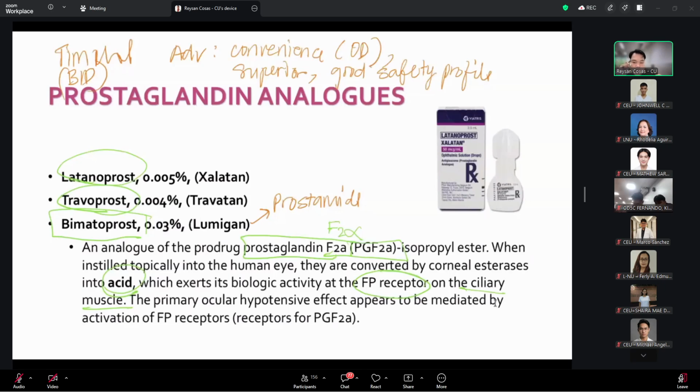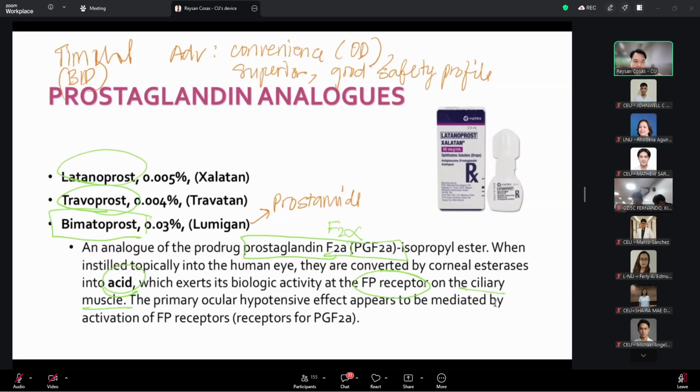Kasi si timolol, okay, bakit mo siya binibigay kahit gabi? Because timolol does not usually work during the night. Okay? So, unlike yung mga beta blockers, based on clinical studies, the beta blockers could not provide effective lowering of intraocular pressure during the night as during the day.